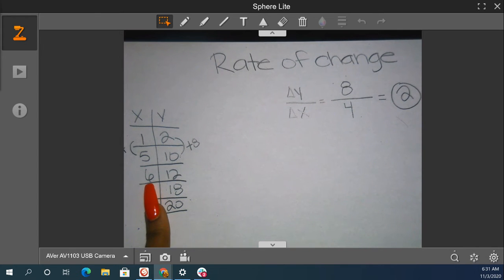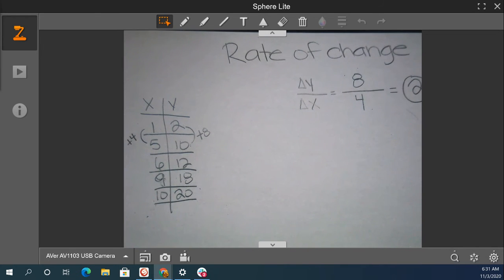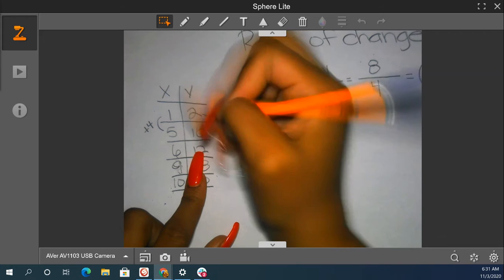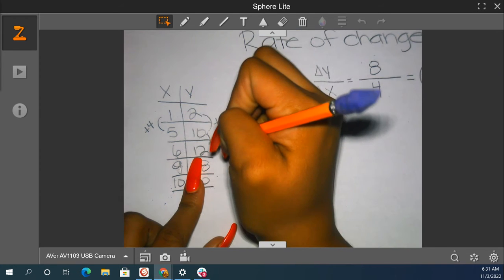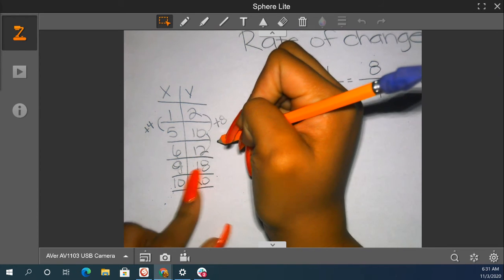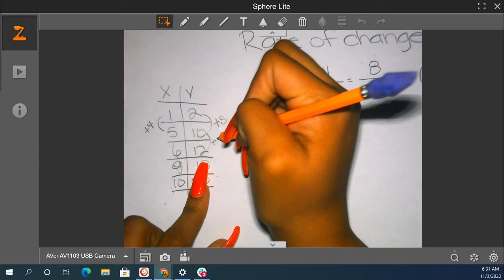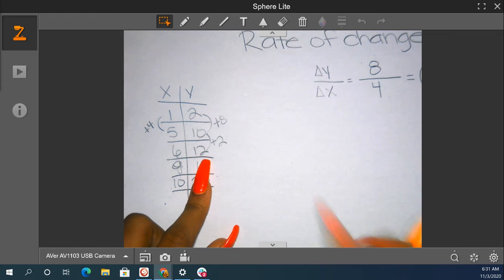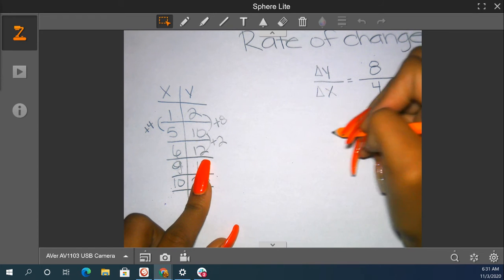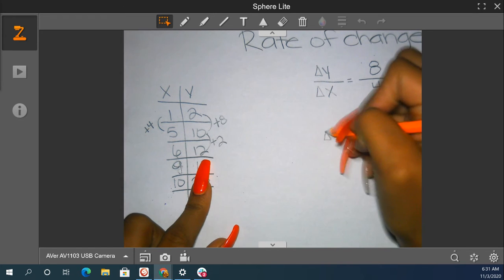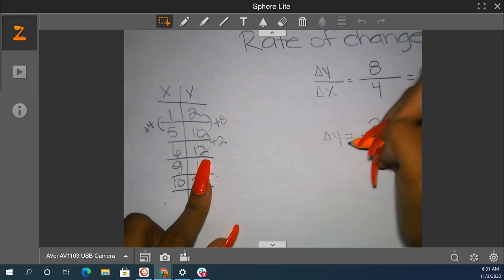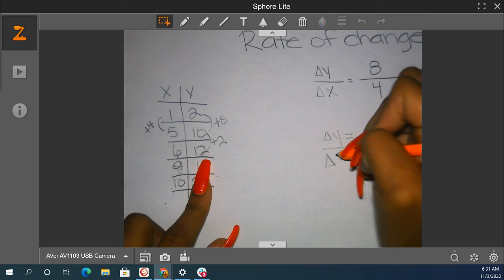If you're still not sure and you want to try it with another x and y pair, you can do that. So even if I go from 10 to 12, I go up by 2. That means my change in y equals 2. Let's see what our change in x is.